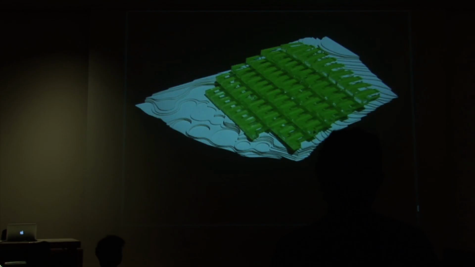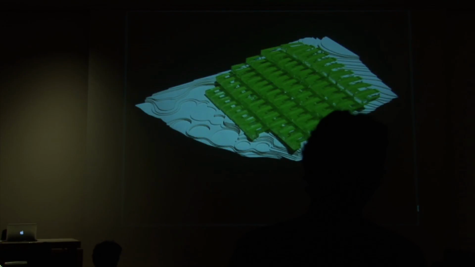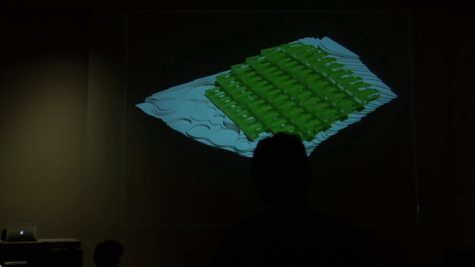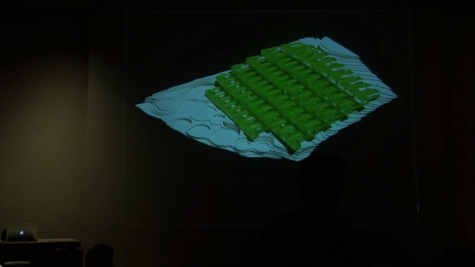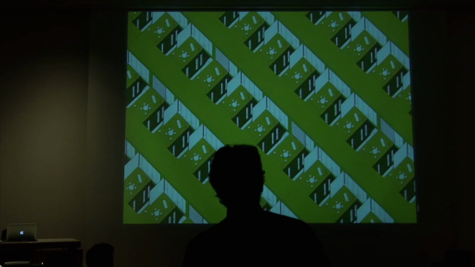So if the idea was to make it as low as possible, then we would adapt it to the slope, and every unit would be terraced and on top of the next one. That way, the roof of one neighbor would become the terrace of the following one.